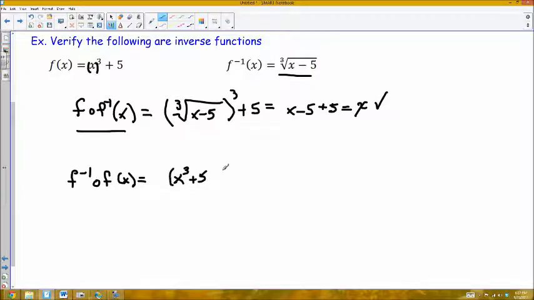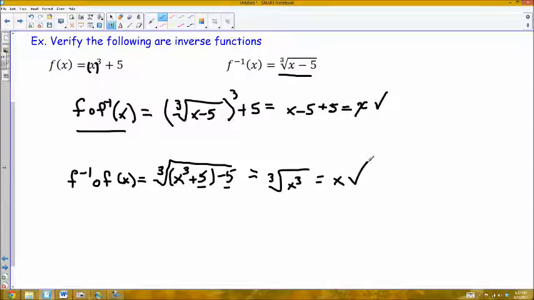So it'll be all of that stuff minus 5 cube rooted. Okay, well, positive 5 minus 5 cancel out. That gives me cube root of x cubed, which again, inverse operations of each other. So I get x. So since composition in both directions give me back x, these are inverses. So I say, therefore, these are inverses of each other.